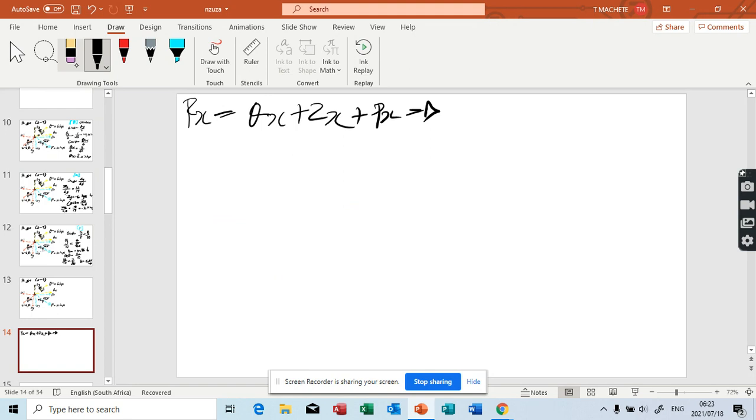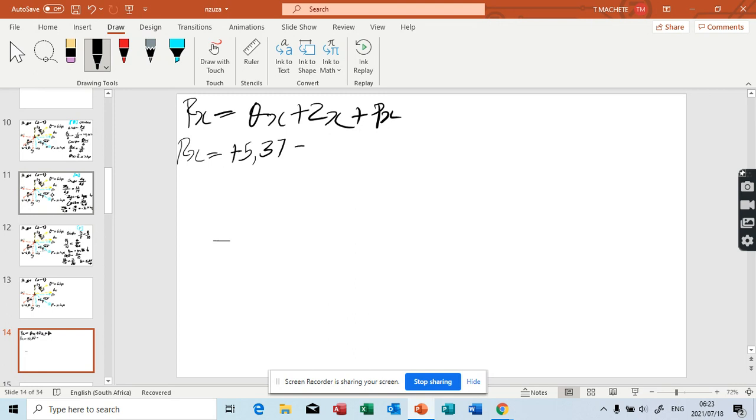What is our Qx? Now Qx is 5.37 positive, and then our Zx should be negative. Okay, let me see which one is it.